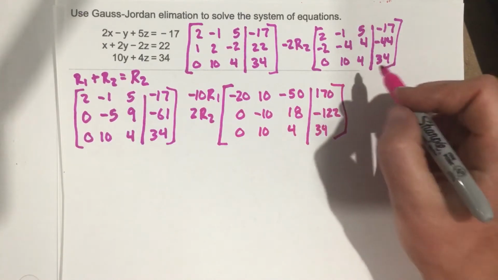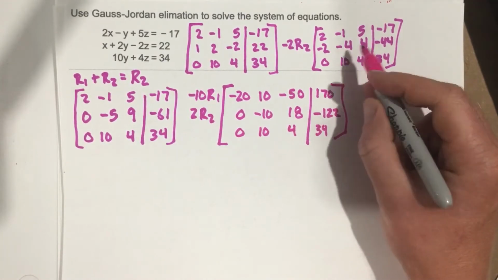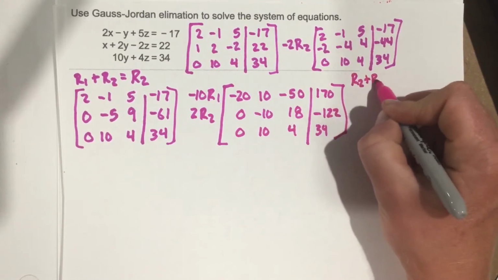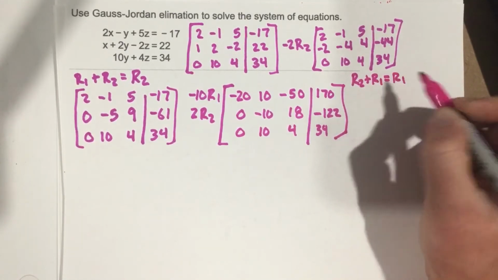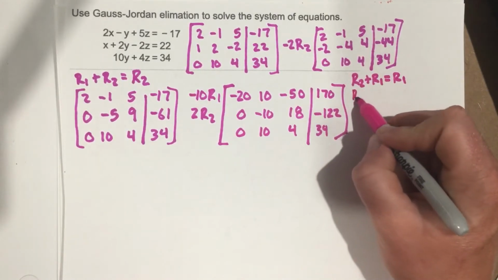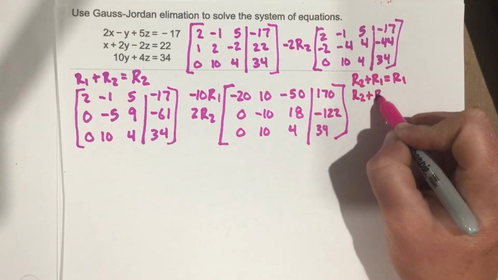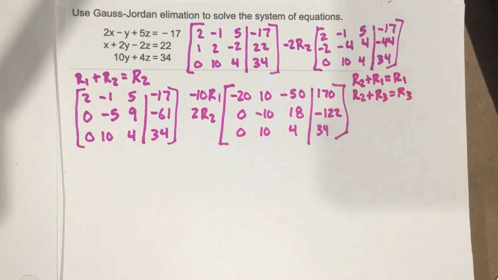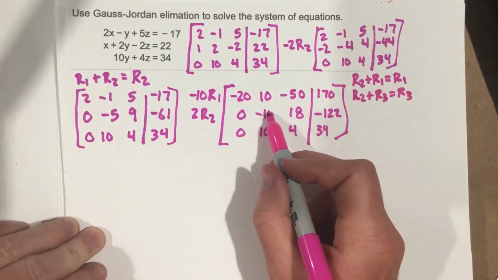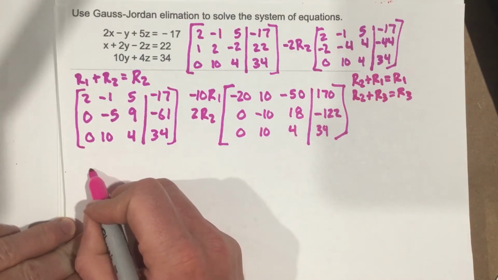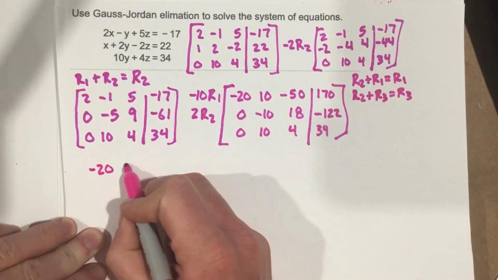Now I'm going to take R2 plus R1 equal R1, but I'm also going to take R2 plus R3, and that's going to equal R3. So I'm going to do them at the same time. As I do that, I get -20 on top. Then I'll get 0.